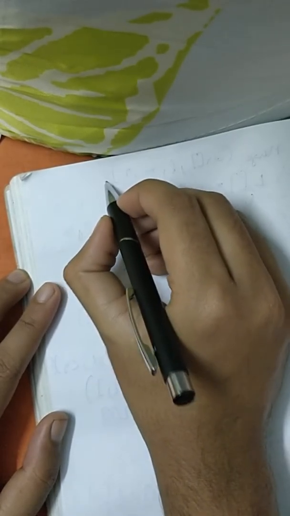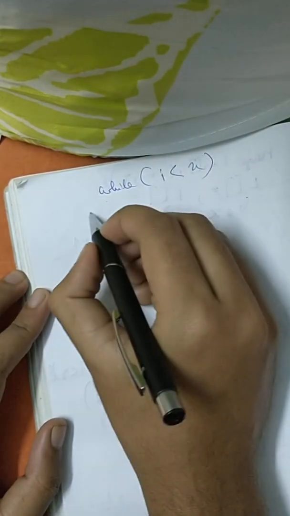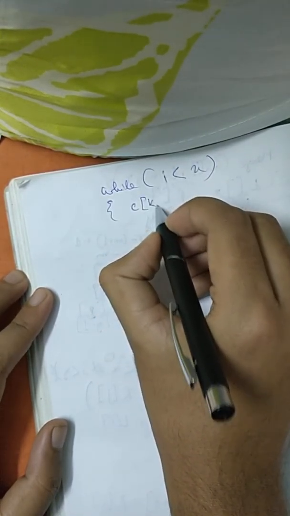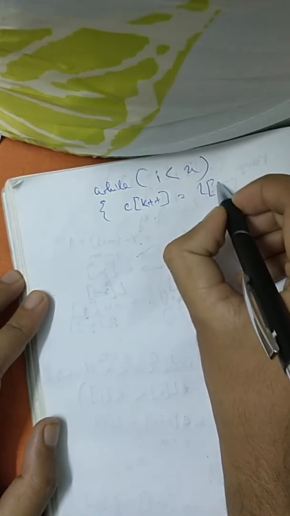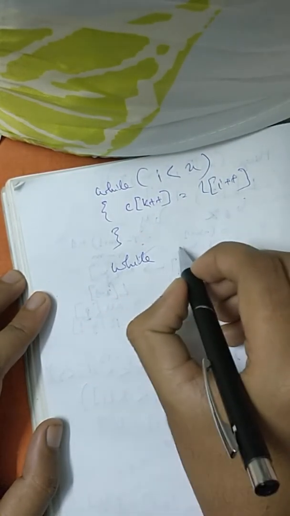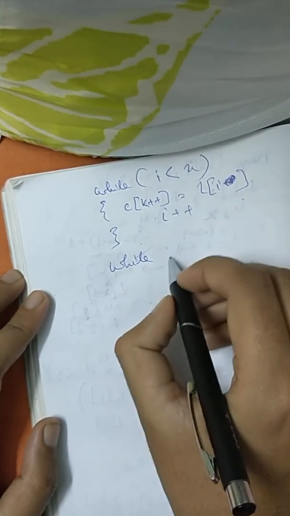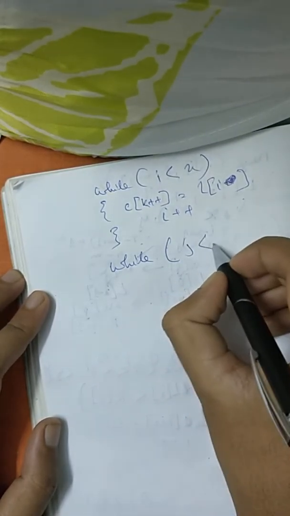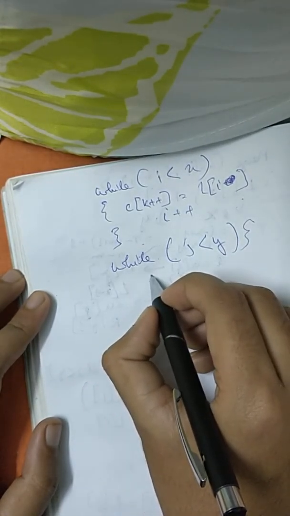Okay, now the remaining part of the arrays should also be copied. So while i is less than x, just copy ARR of k plus plus equal to L of i plus plus, and similarly while j is less than y, copy R of j plus plus.